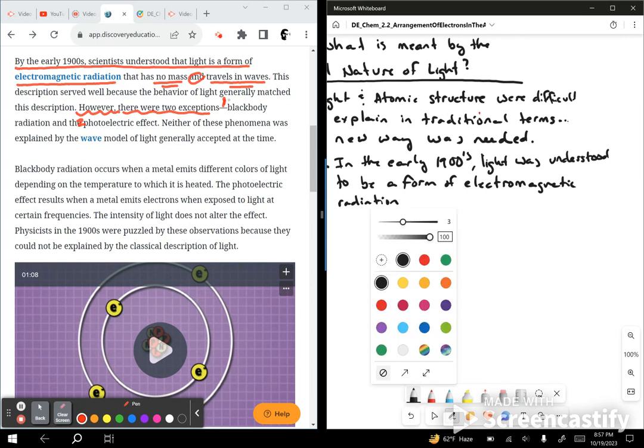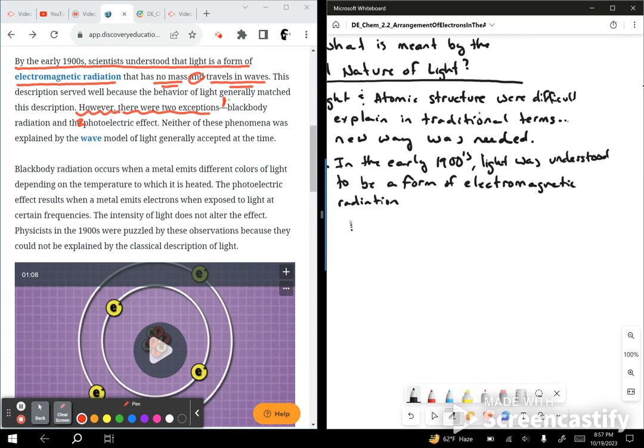If you watch one of these videos, they'll go ahead and actually kind of draw a y-axis. They'll go ahead and draw an x-axis. This is y, this is x.